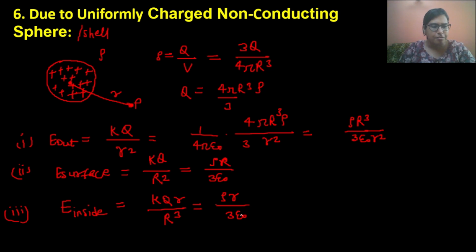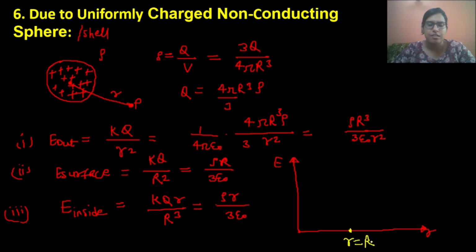Now if you see the graph of the electric field due to a non-conducting sphere, till the surface it is proportional to distance, so it will be a straight line.